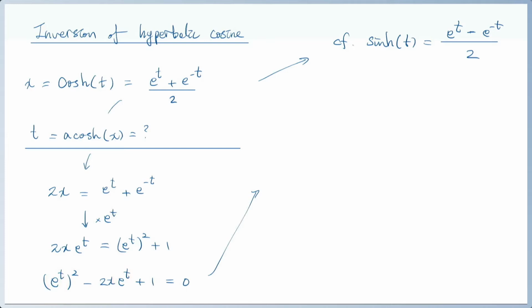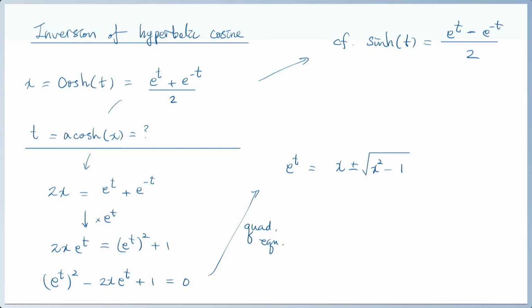So we can apply the quadratic equation formula to solve for e to the t. Since we have 2 times something as a linear coefficient, we know that this is equal to x plus or minus square root of x squared minus a times c.